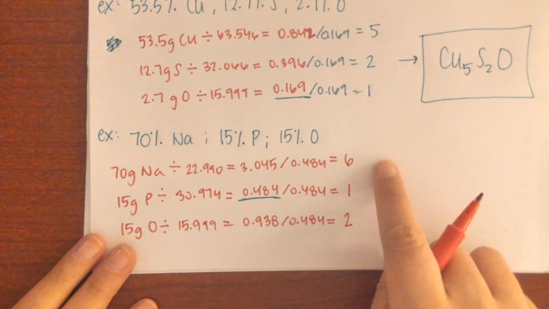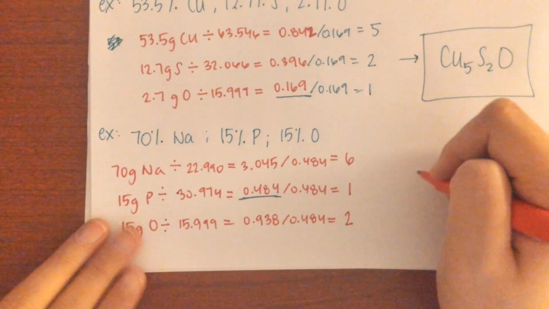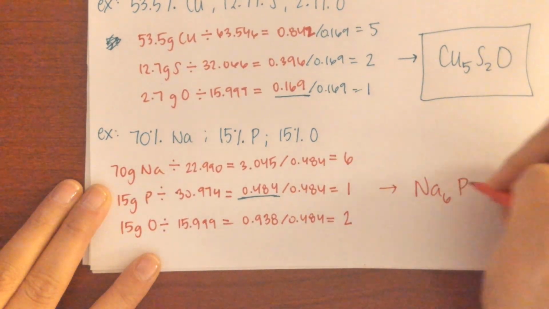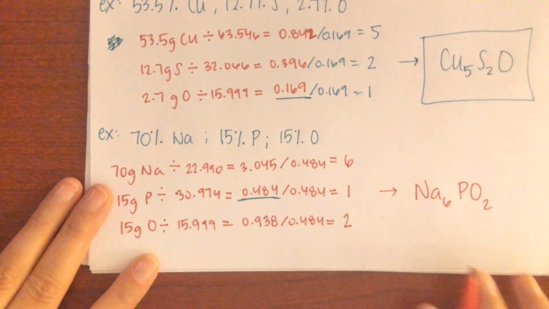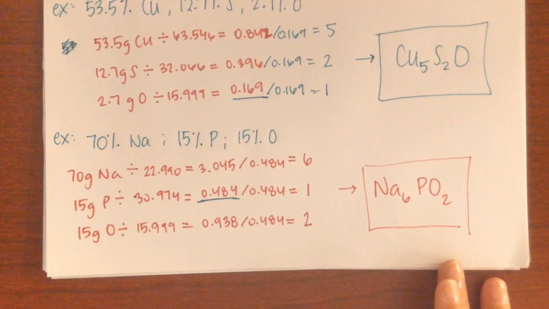Alright, got 6 for Na, 1 for P, 2 for O. So, put it all together. Na6PO2. Looks weird, but it is what it is. There it is, the empirical formula.